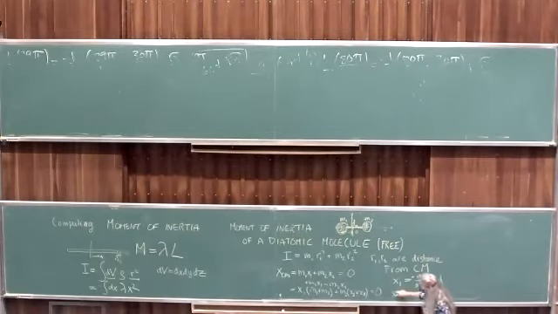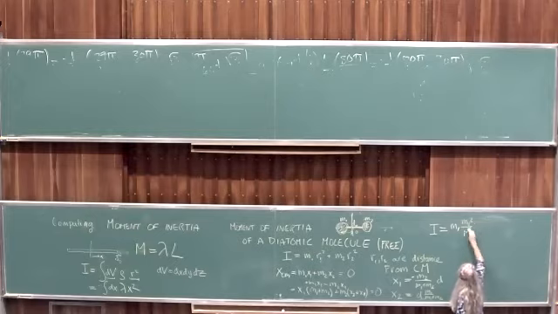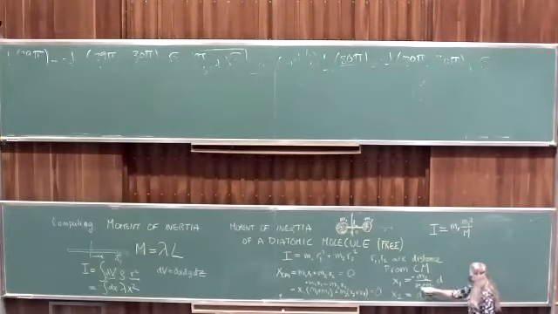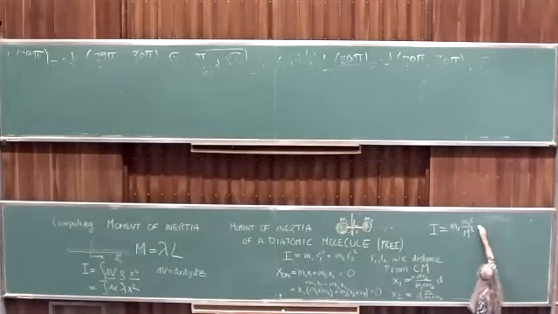Okay, so now we take these two things and stick them in here. When we solve for I, it's m1, m2 squared. I'll just use m as shorthand for the sum of the masses. So I need to square both of these, and then there's a d squared.